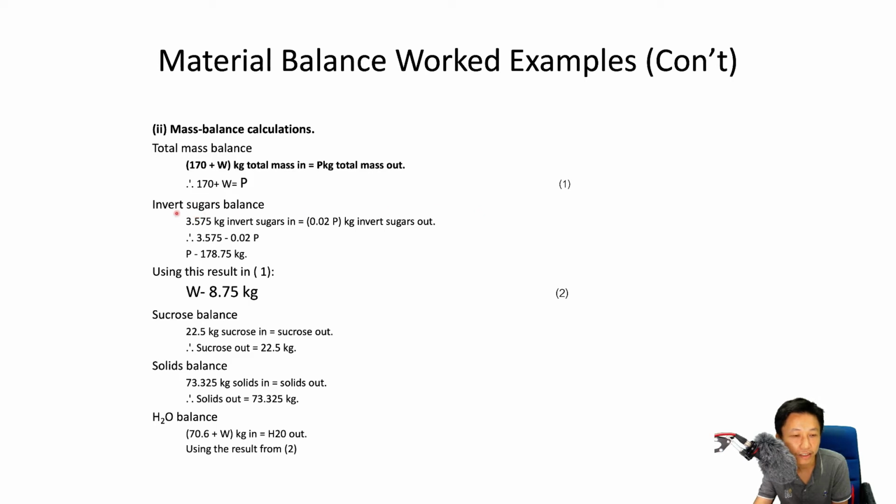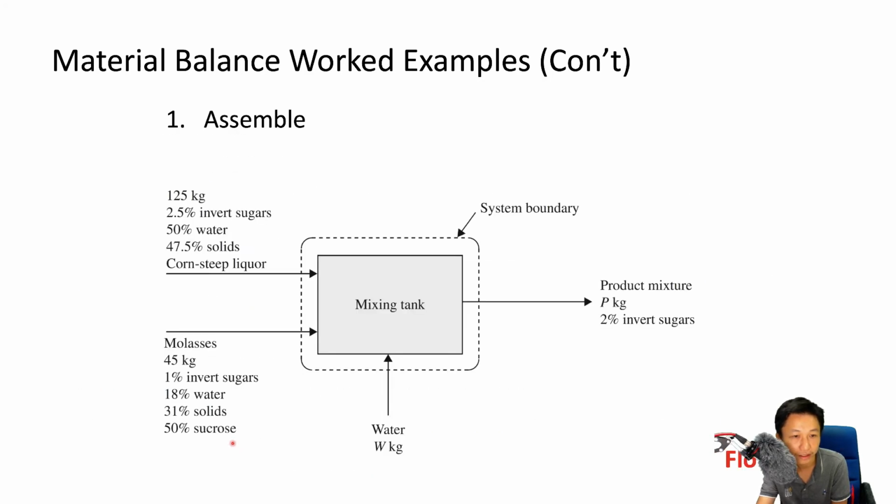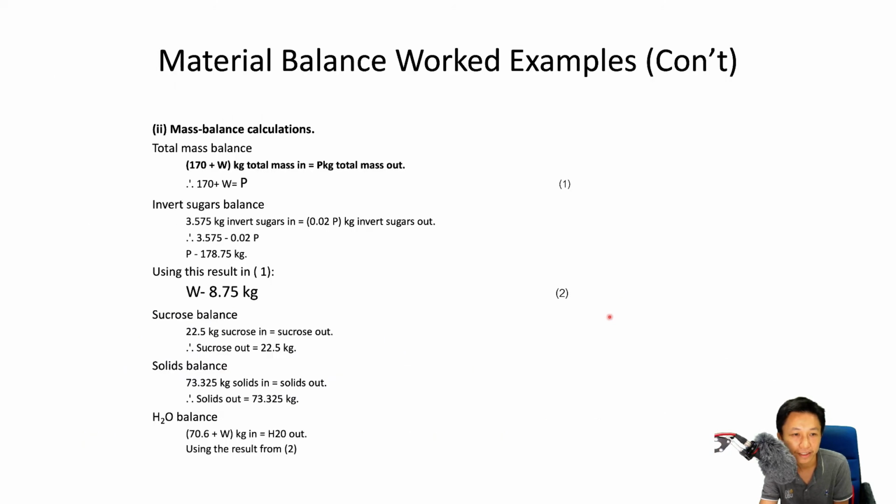And if we use the invert sugar balance, this one is your product: 0.025 times 125 plus 0.01 times 75 equal to 0.02 P. That is this equation.